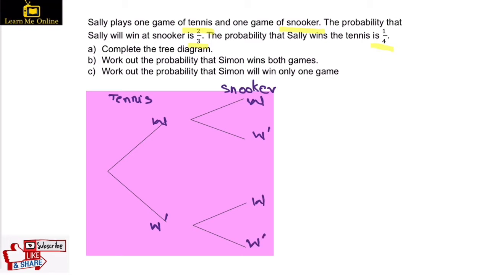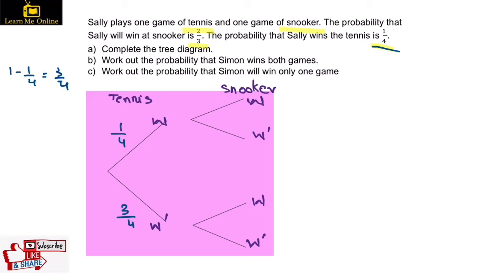The probability for Sally to win the tennis game is 1/4. So winning is 1/4 because we know that the branches should add up to 1. If the probability for Sally to win the tennis game is a quarter, the probability for losing would be 3/4. You can do this by doing 1 minus 1/4, so that would be 3/4, the remaining fraction.